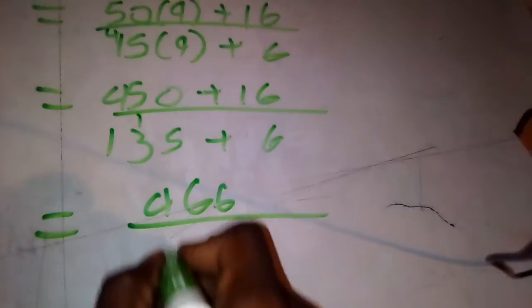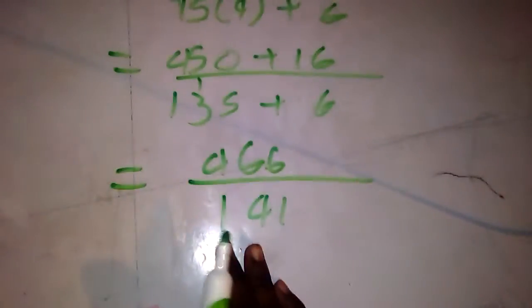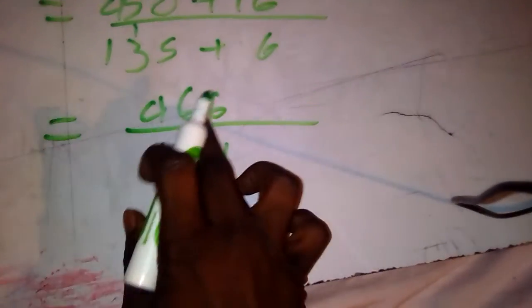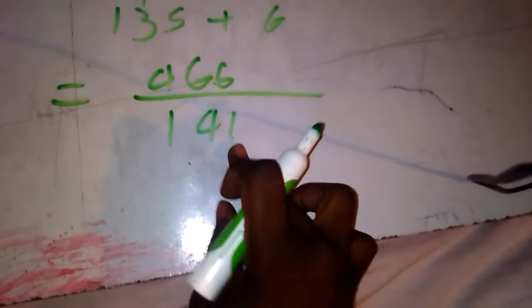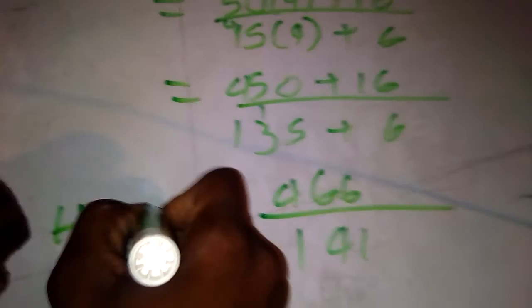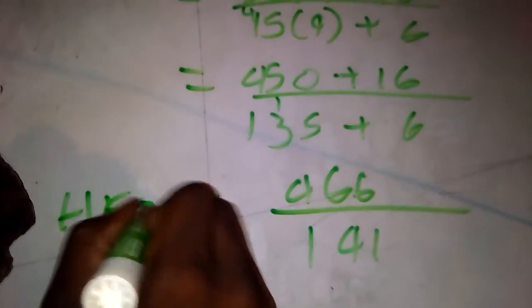Then 3 and 1 is 4, and then 1. So for the bottom number, we got 466 over 141. Therefore, h of f of 3 is equal to 466 over 141.